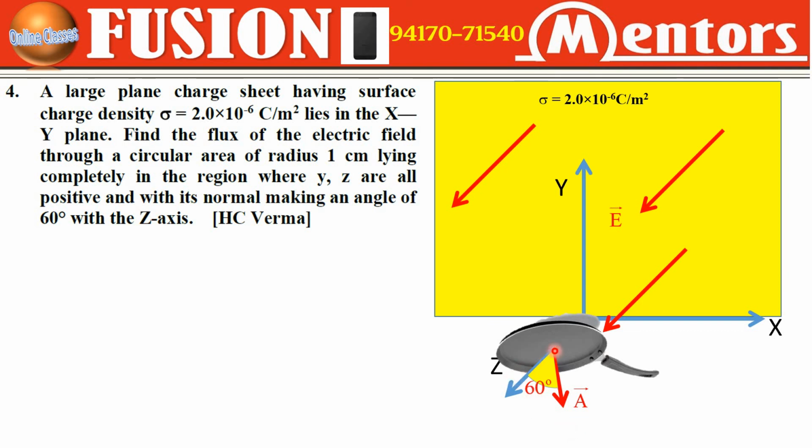So angle between electric field lines, you can see electric field is also along positive z axis. So angle between E vector and A vector is 60 degree.